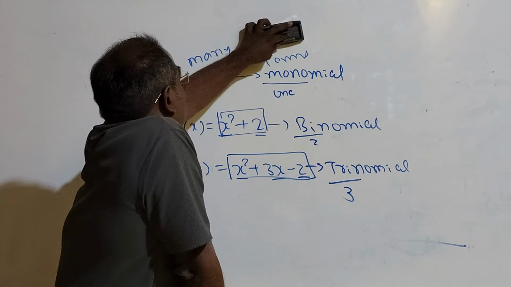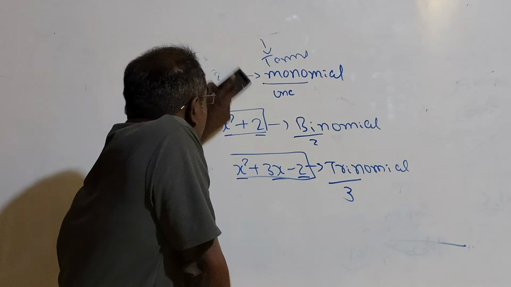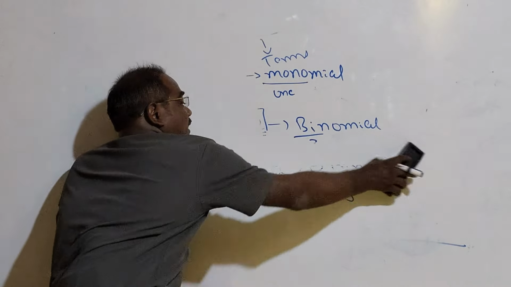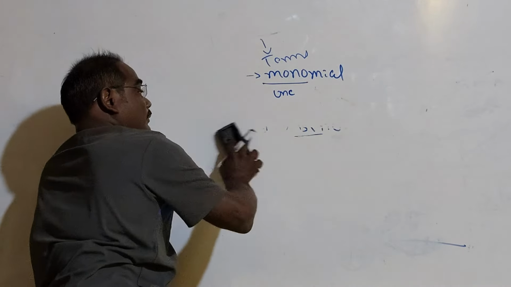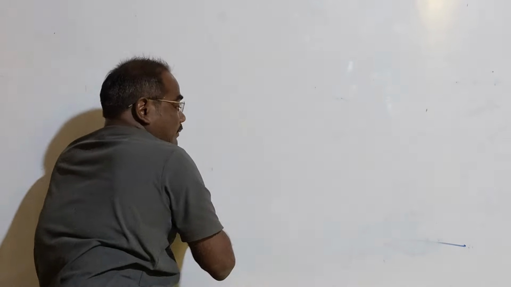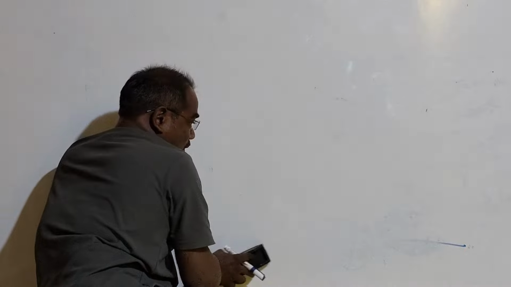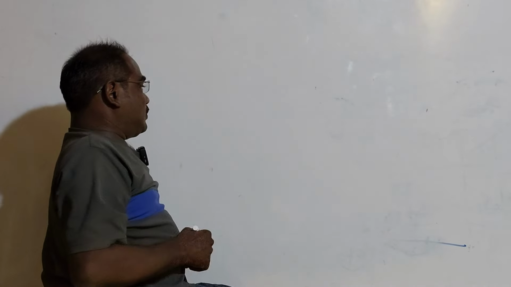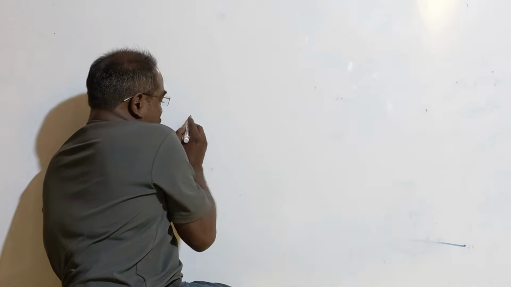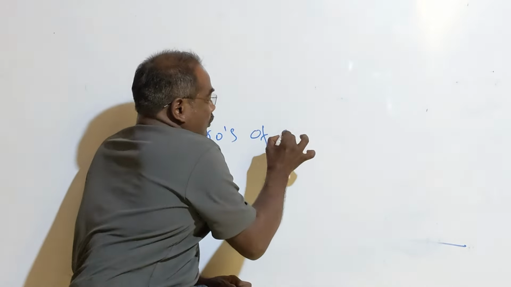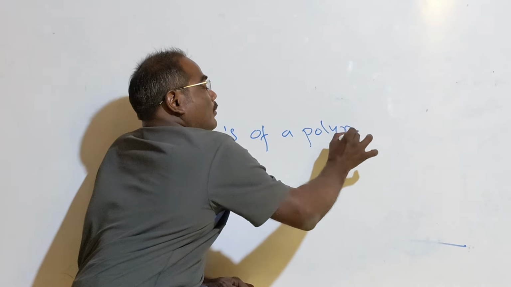Now we are moving towards the next concept. Don't be in a hurry in learning. This is about the basics of polynomial we need to know. In the next class, we are going to study about zeros of a polynomial.